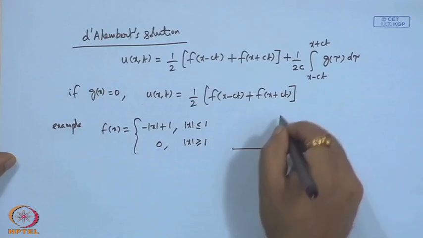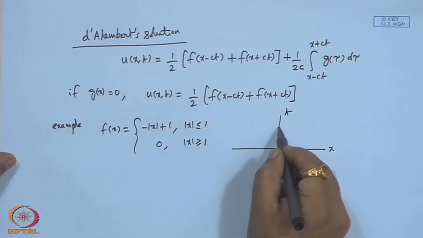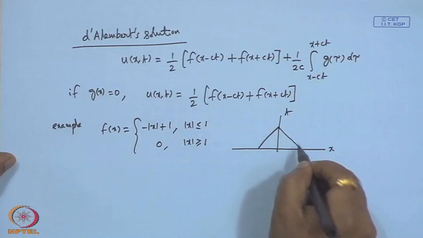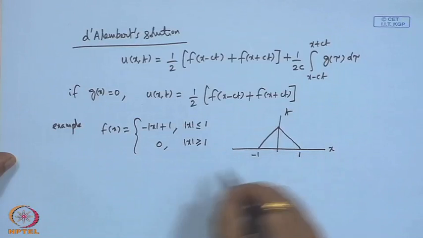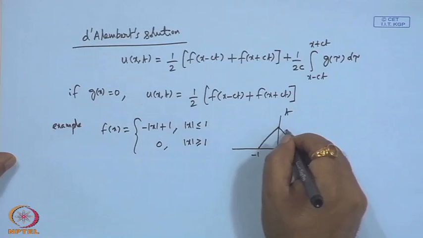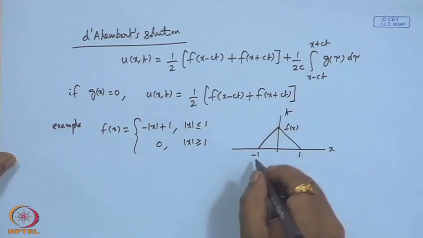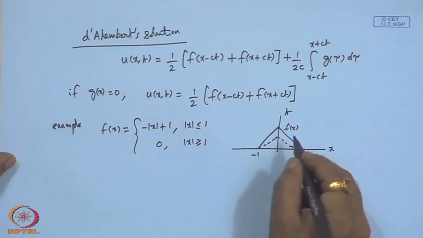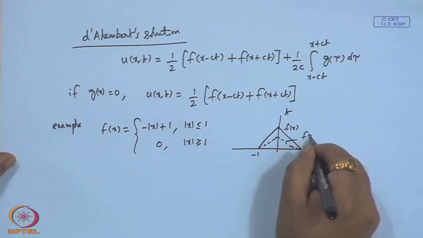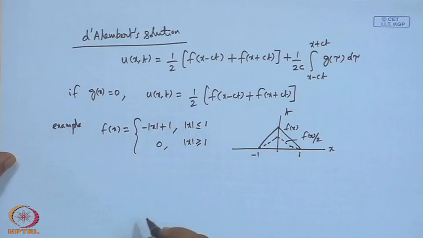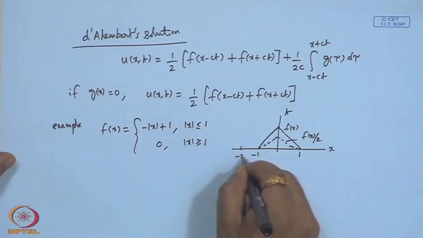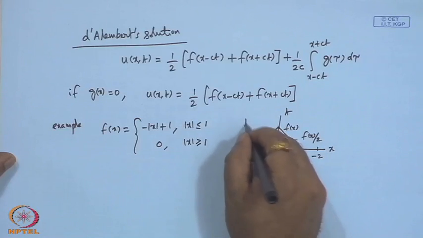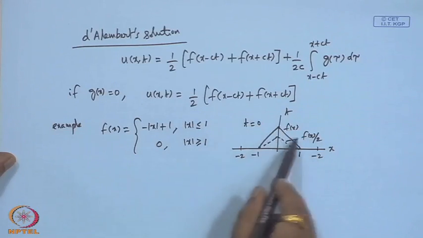So, this is the x axis and t axis. We have the points -1 and 1. So, this is f of x. And these are f of x by 2. This is at t equals 0, which is this profile.